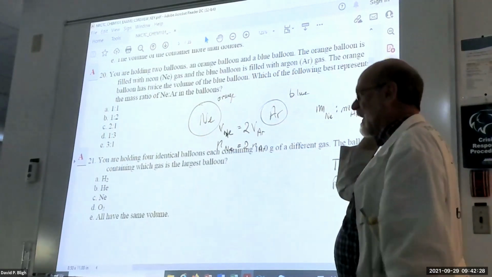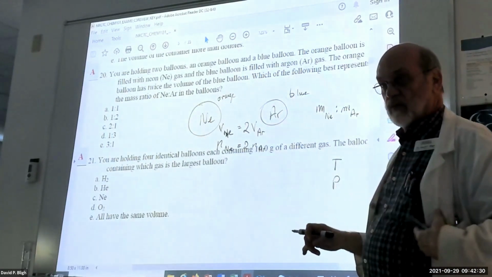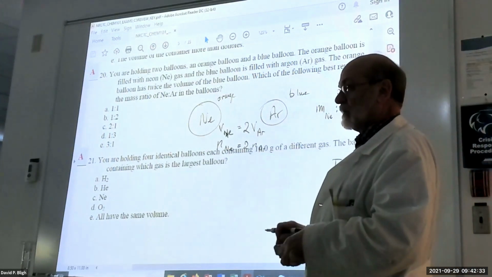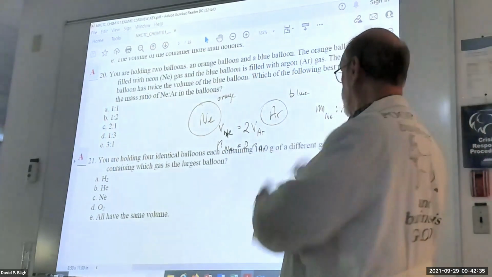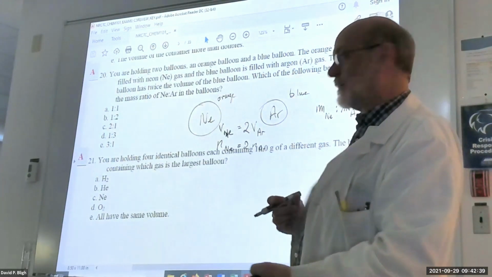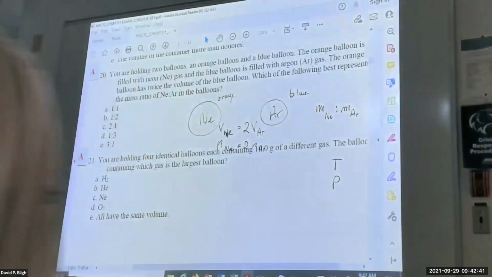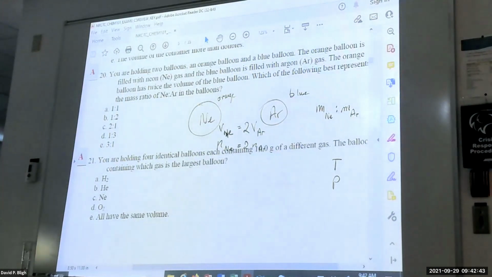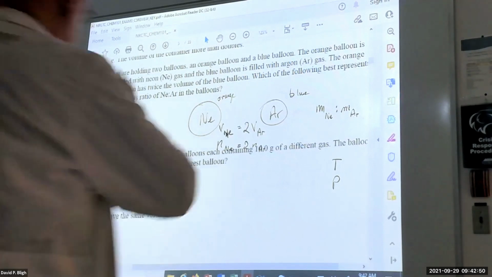Now, to say anything about mass, we have to go to the periodic table, because this problem doesn't give us any information about mass. Neon's in the neighborhood of 20, argon's in the neighborhood of 40.